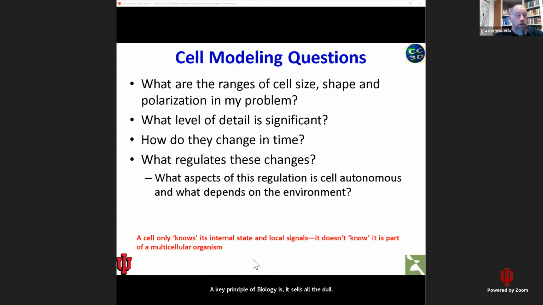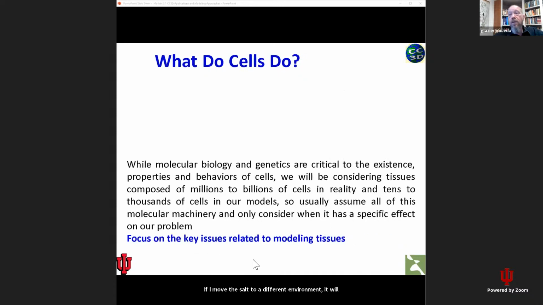They have no long-range information, and they don't know that they're part of a multicellular organism. There's no teleology. The only thing a cell has is its current state and its current environment, and does something in response to that. If I move the cell to a different environment, it'll sense the new environment, but it doesn't know its context.